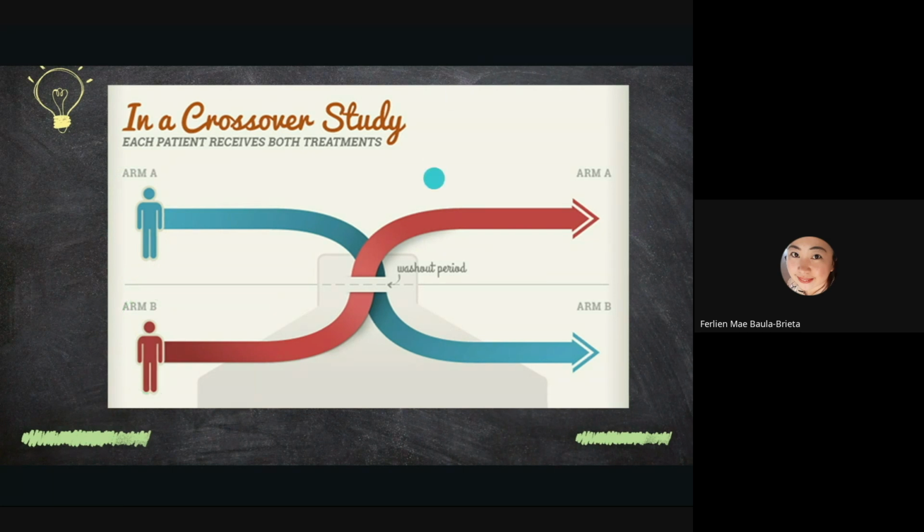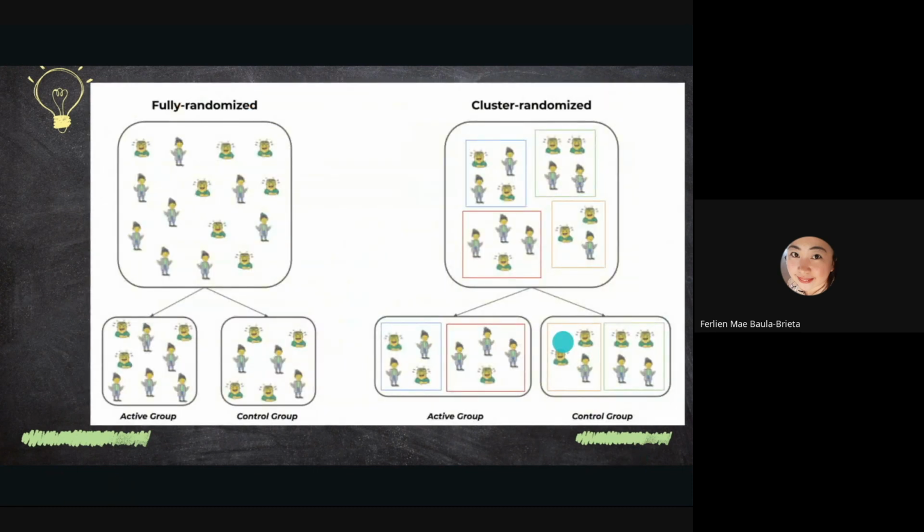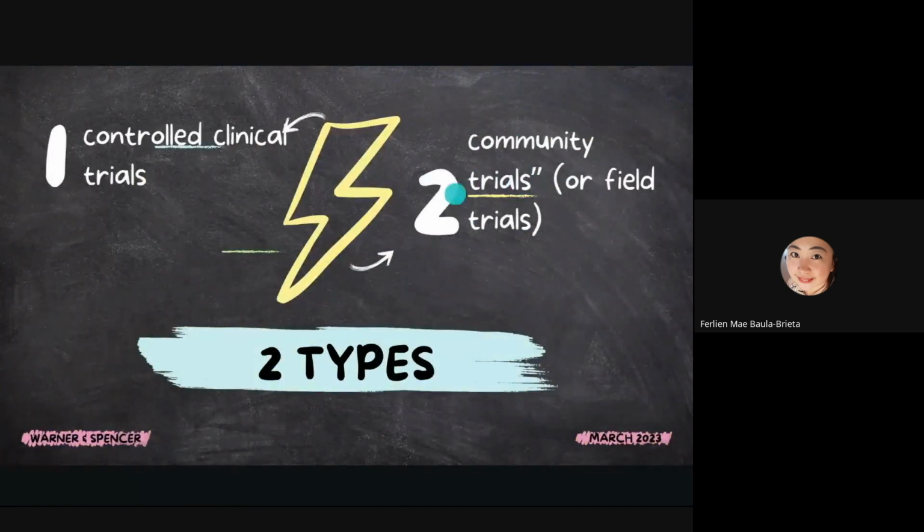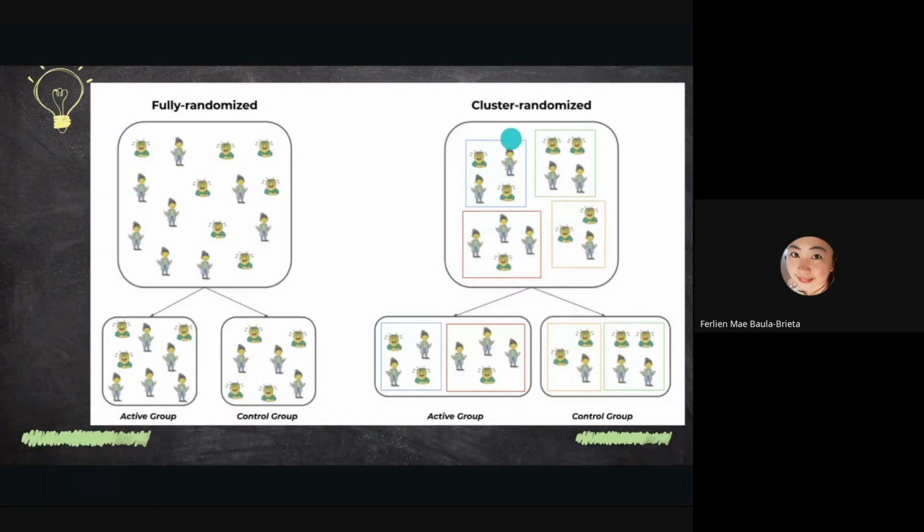That's the crossover study. And then there is what we call cluster randomized. It is somewhat related to the first one a while ago, but the term here is randomized. Okay, there's the randomization.